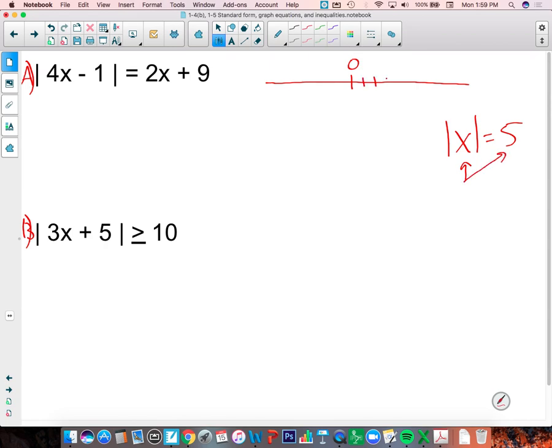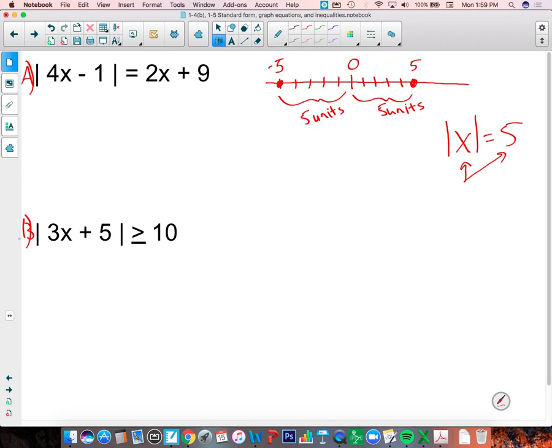So I can go 5 to the right here, so I'd have a dot there, or I can go 5 to the left of 0, which is -5. Okay, because distance is always positive, but distance is just measured in units. So I'm going 5 units here, and I'm going 5 units here. So absolute value can be either to the right of 0 or to the left of 0, just because the way it's measured is distance.